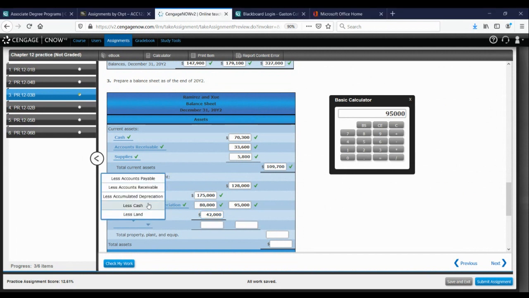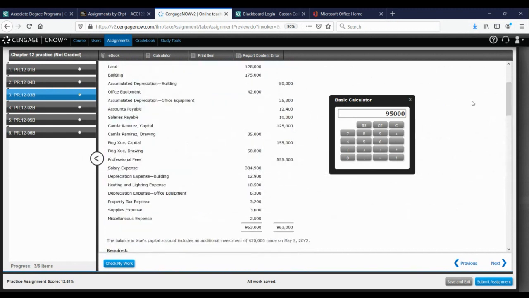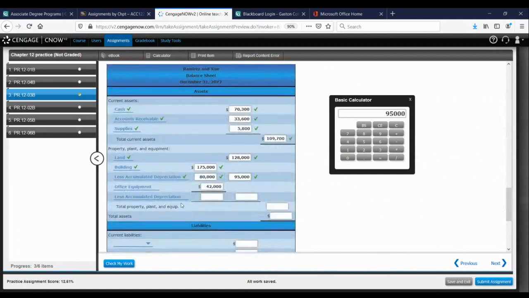Again, we're going to subtract the accumulated depreciation that was related to the office equipment. So the accumulated depreciation for the office equipment was $25,300 at the end of that year.